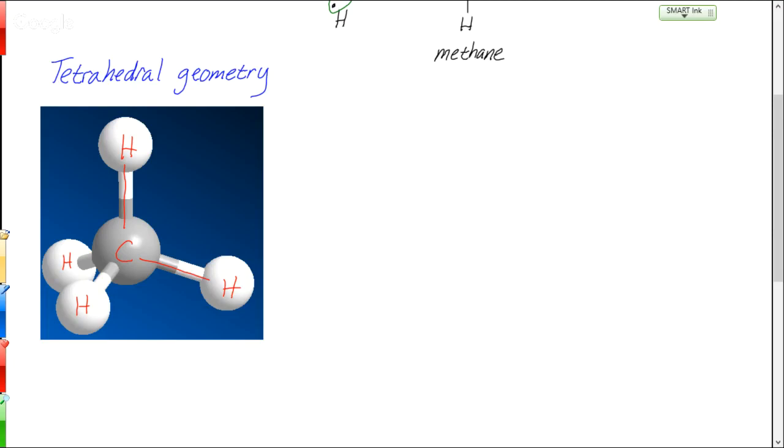And the convention that we use for that is on the one that's coming out toward us, we draw this wedge-shaped bond like this. And then the one going back, we draw a dashed bond like that. And that represents 1 coming forward and 1 coming back.